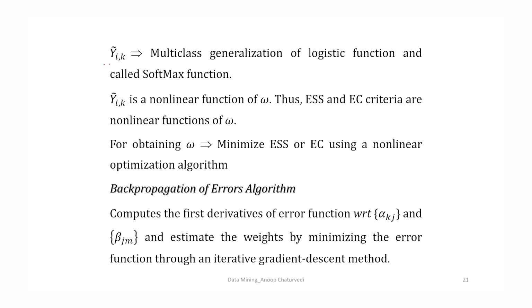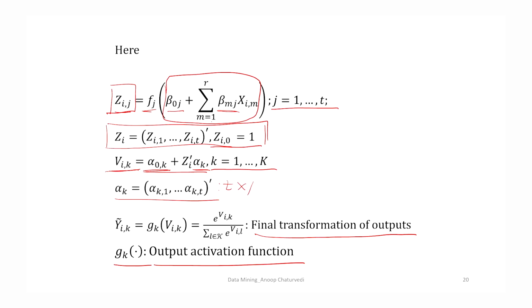Now, y_ik curl is the multi-class generalization of the logistic function, and this is also called the soft max function. If you have just two classes, then you simply get the logistic function.